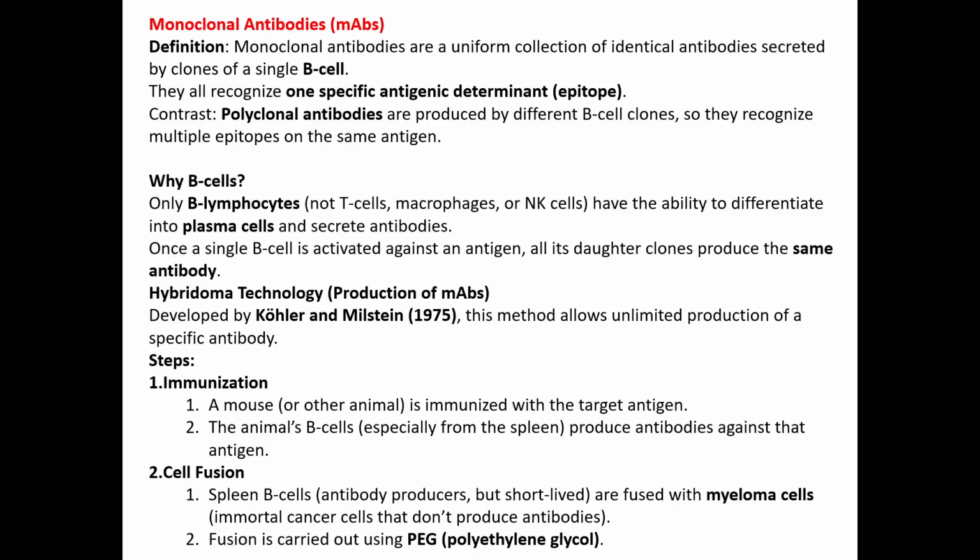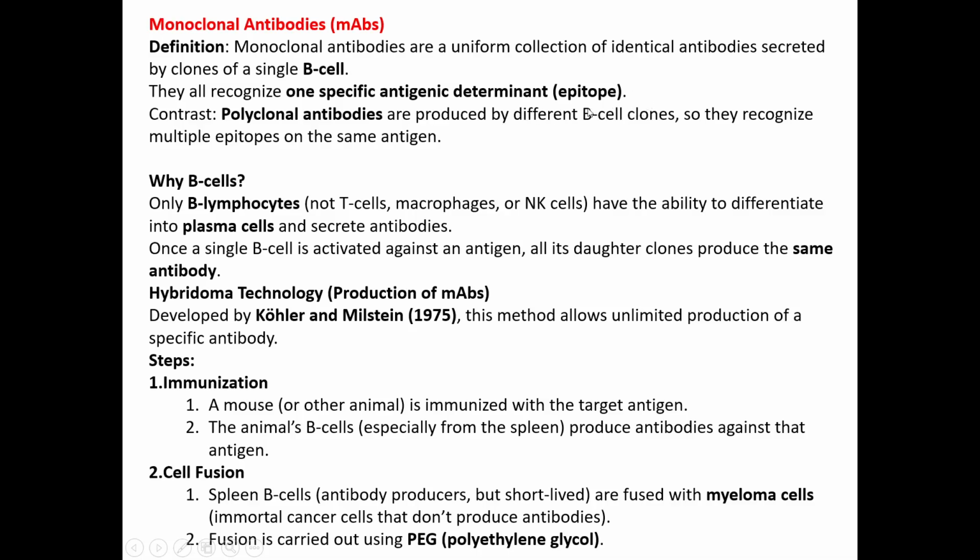Then comes monoclonal antibody. Monoclonal antibodies are a uniform collection of identical antibodies secreted by a single B cell. That is why they are monoclonal in nature, and they are all from one specific antigen determinant, an epitope.